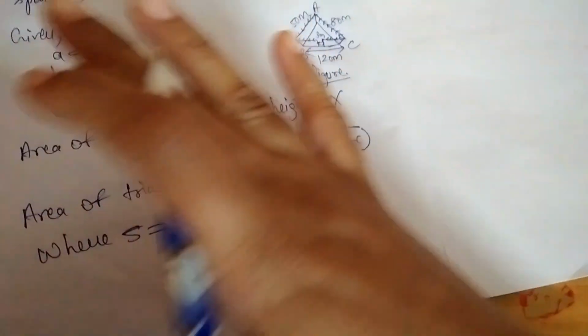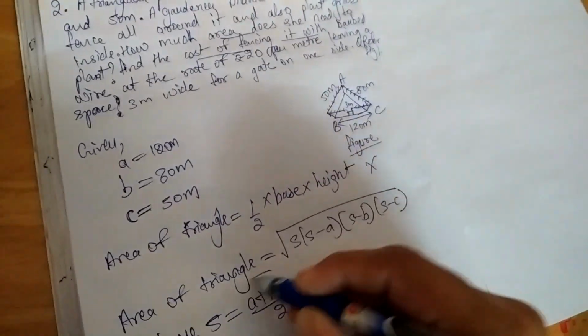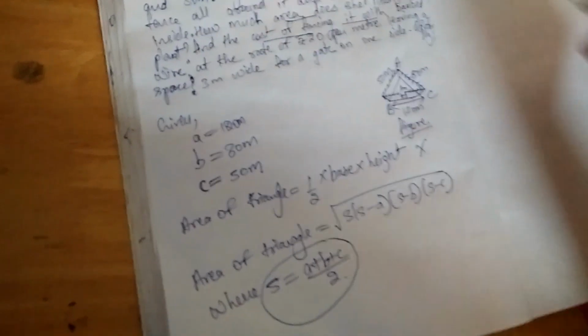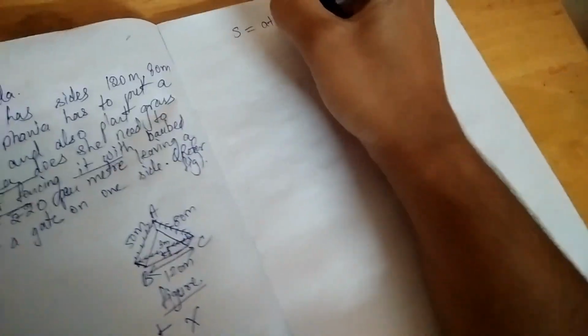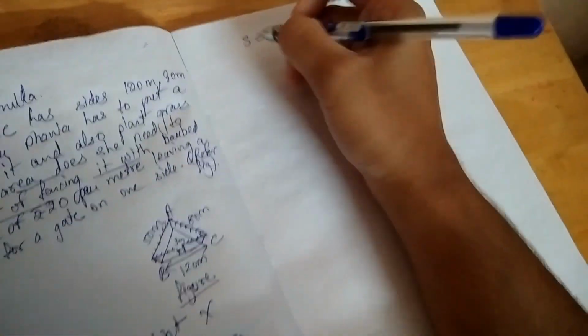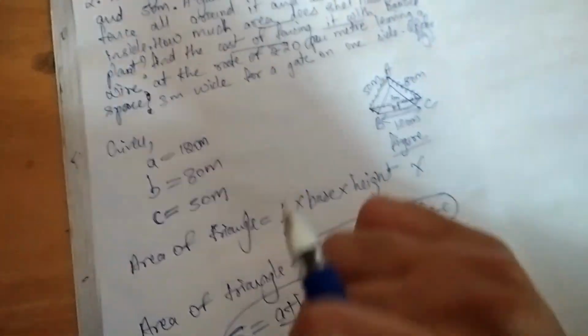So I hope now you are clear with the formulas. Now we are going to use this formula right now. So what I am going to write here is s is equal to a plus b plus c by 2. We have these three values, so there is no need to write them again here.